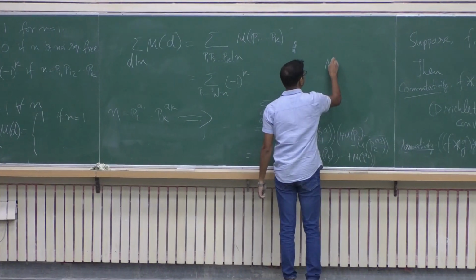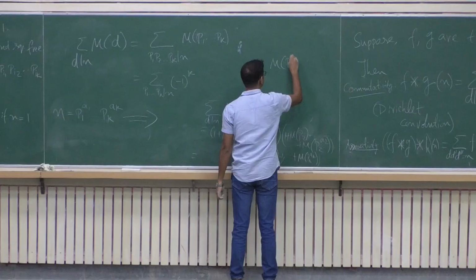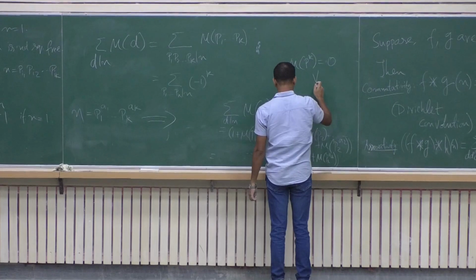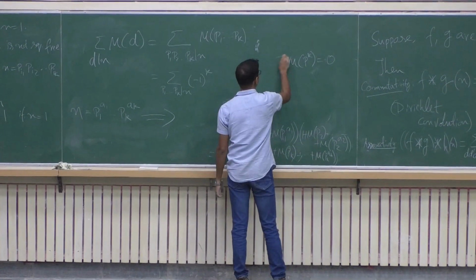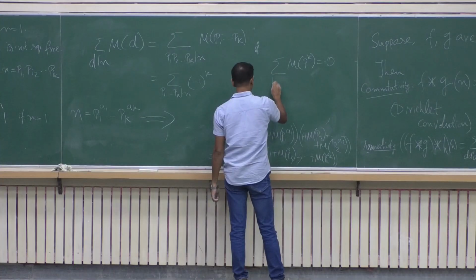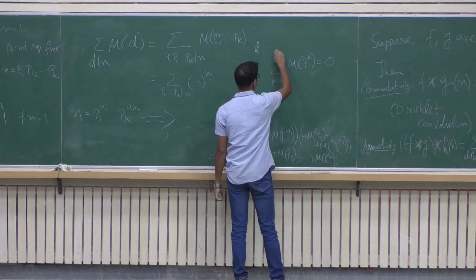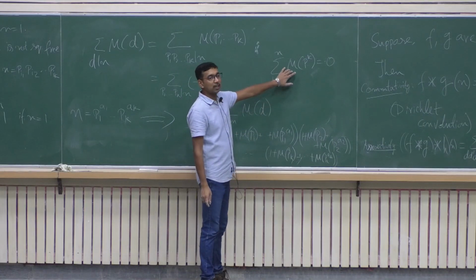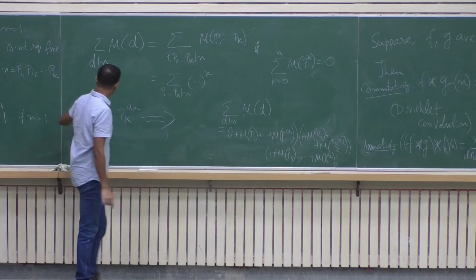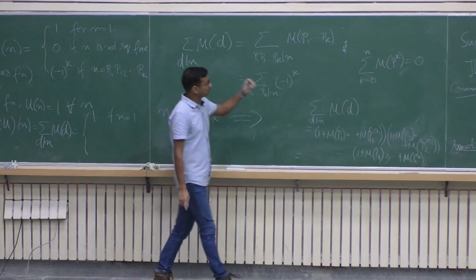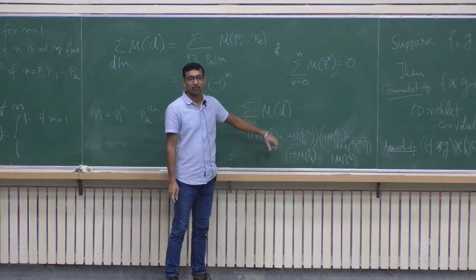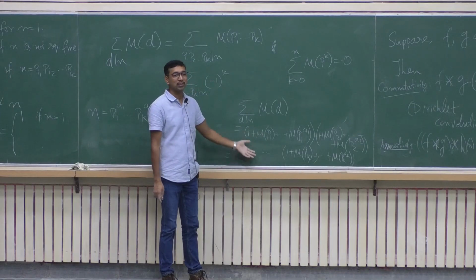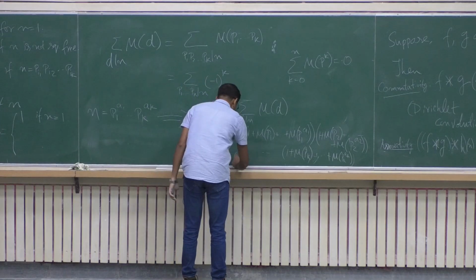What we are saying is that the sum of mu over p power k, for k running from 0 to any arbitrary n, is 0. And since mu is multiplicative, the sum over the divisors of n would just be a product of such things, and each factor turns out to be 0. So when you multiply finitely many zeros, we get 0.